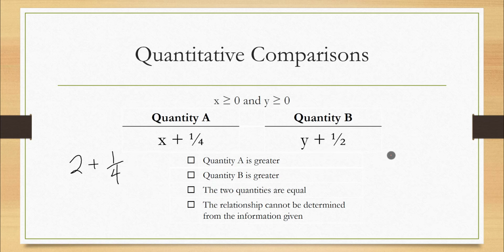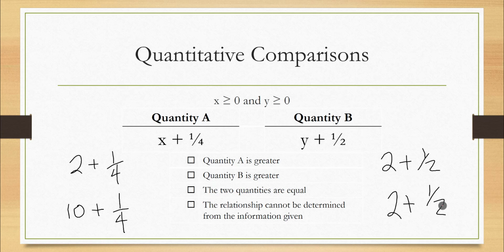And if I plugged in that same value here, 2 plus 1/2, in that scenario, I can see that B is greater than A. However, if I went on an extreme and say I plugged in 10 for x, and I still plugged in 2 for y, I can see that now A is greater than B. And that ambiguity is what tells us that the relationship cannot be determined from the information given.